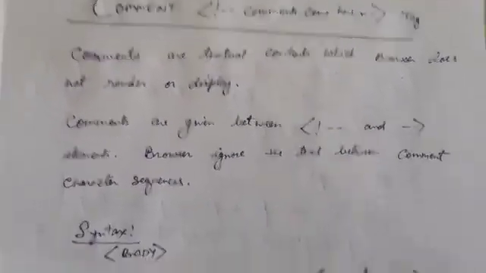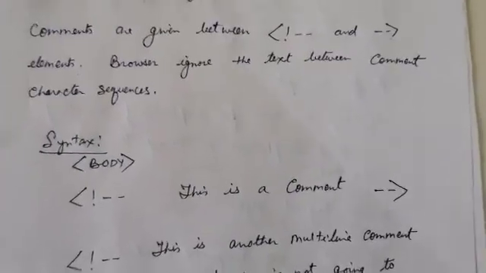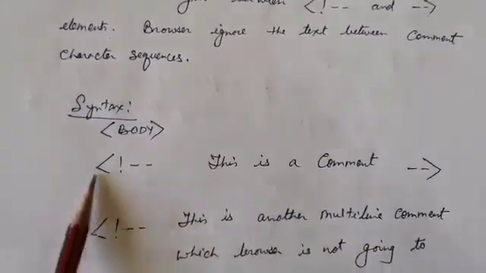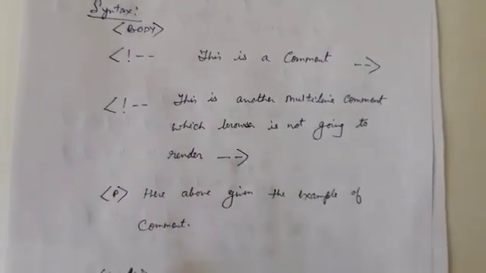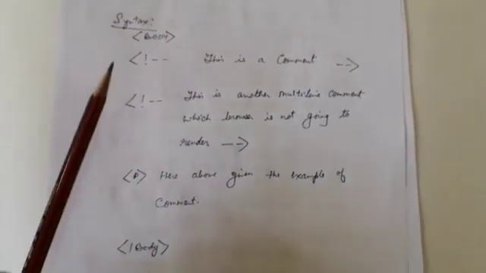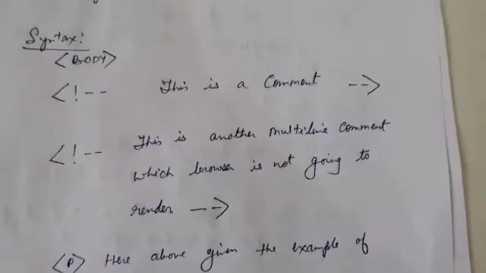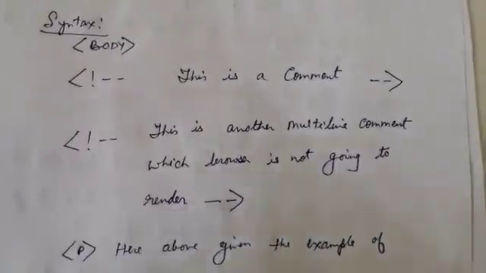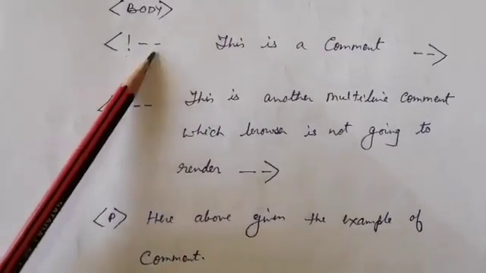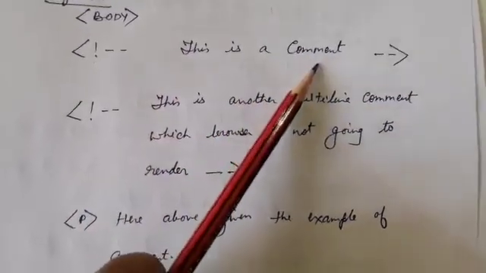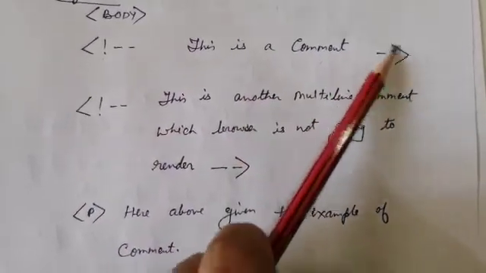The syntax is, see here, within the body tag we write comments. The syntax of the comment: we start with an angular bracket, then exclamation mark, double dash, whatever contents you want to write, and then double dash and angular bracket close.